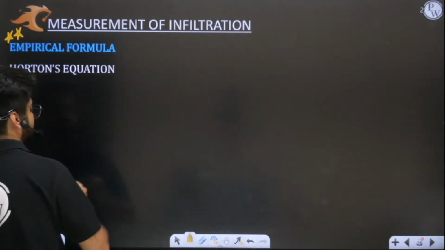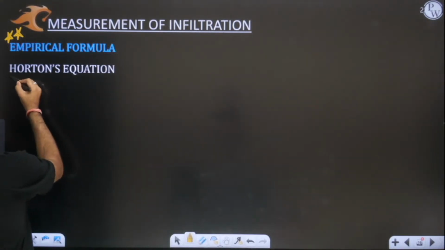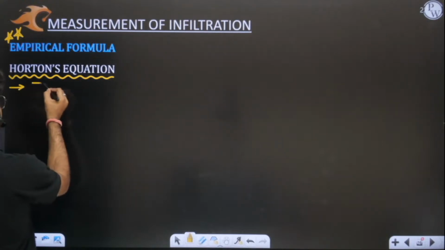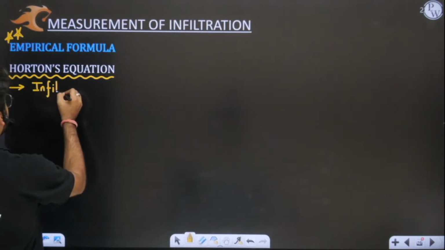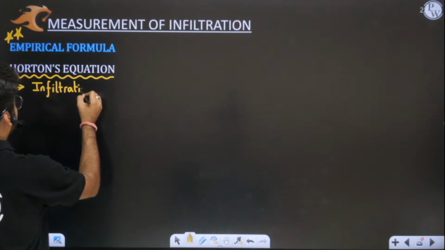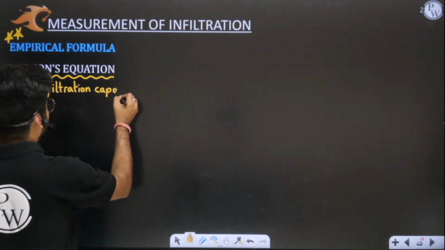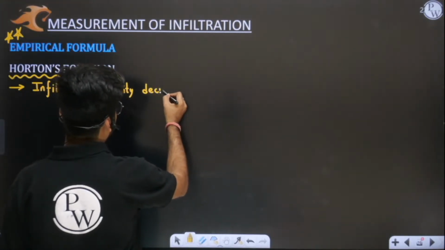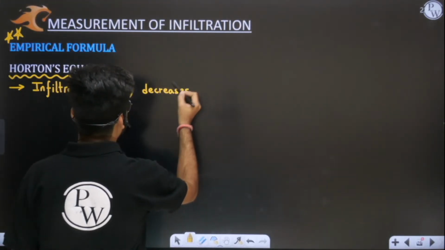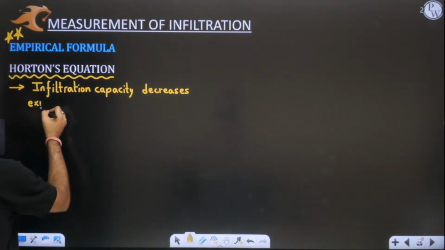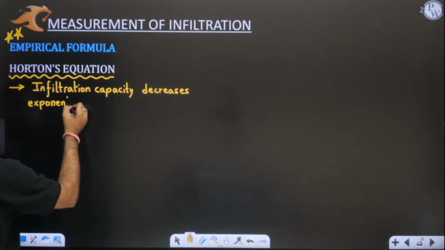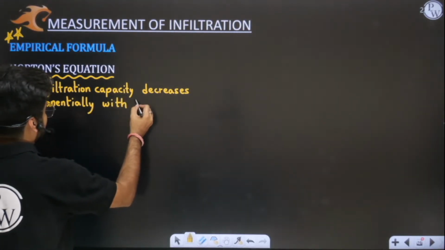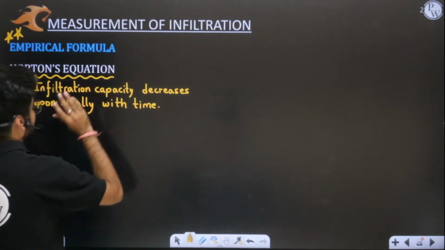So I will write here that according to Horton, infiltration capacity decreases exponentially with time. So this is the ultimate finding.